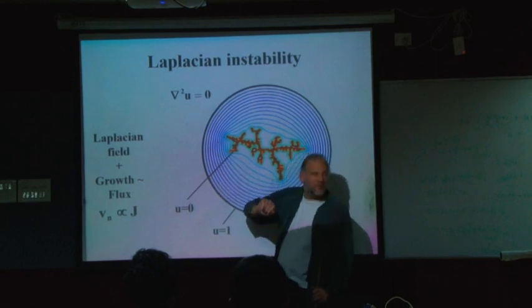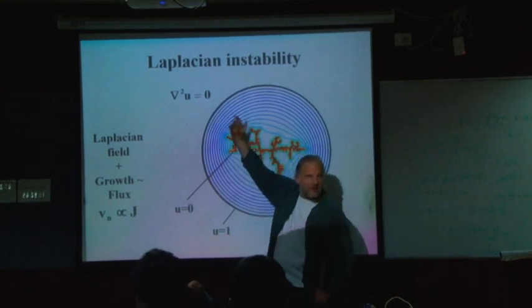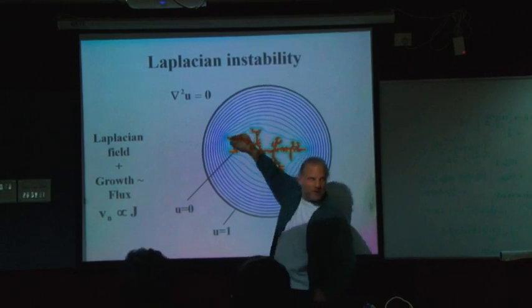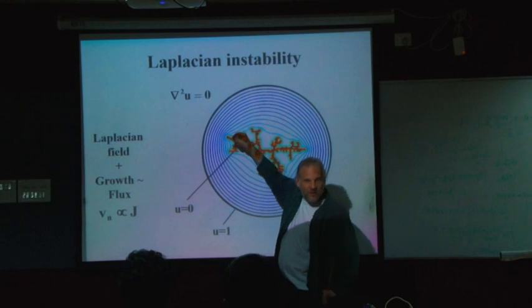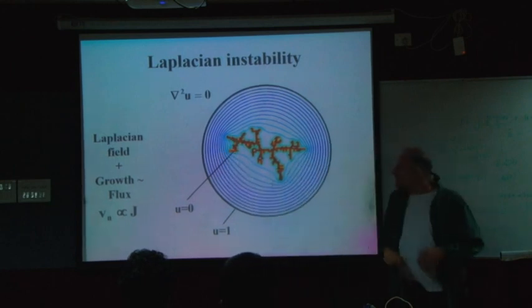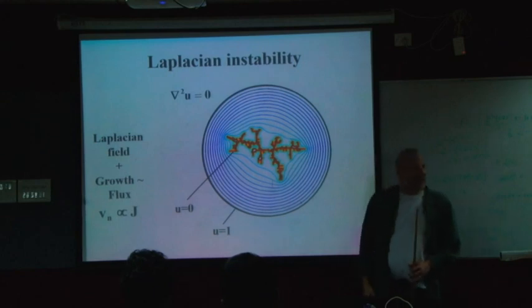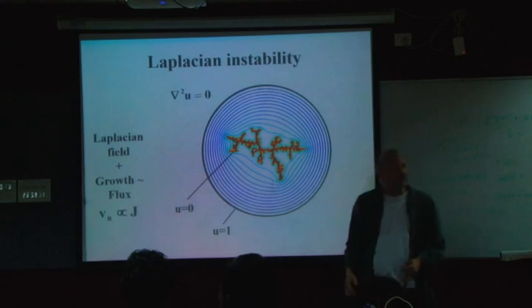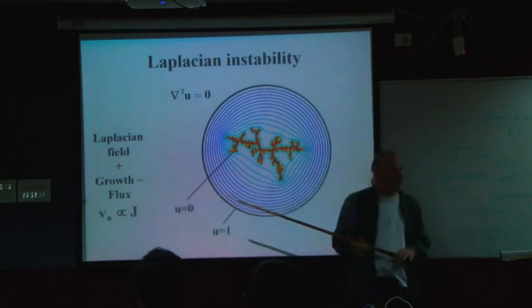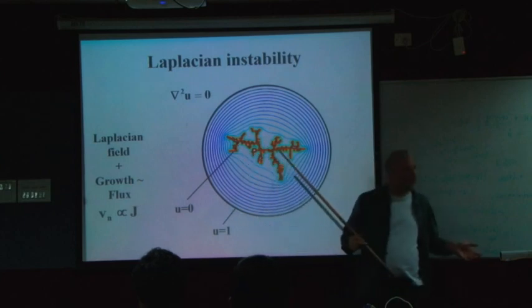And in addition, if you follow the current lines which are perpendicular to the isopotential lines, you will see that they bend around and they go to the tip. So the current is concentrated at the tips, which now means that if you have a growth phenomenon that needs something that comes to the structure by a flux, the velocity will be proportional to that flux, and so the tips will grow faster than the rest.